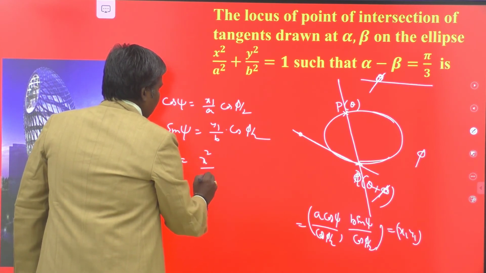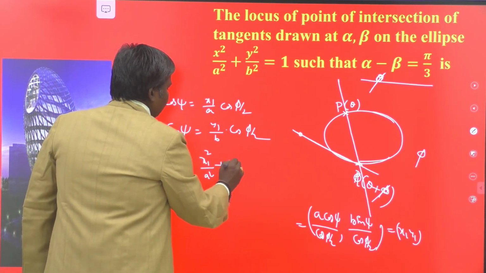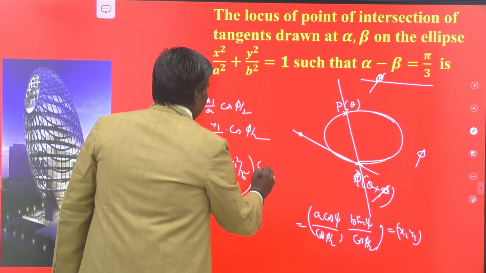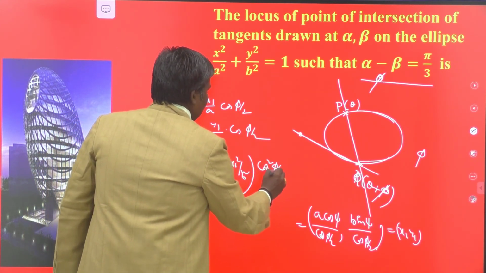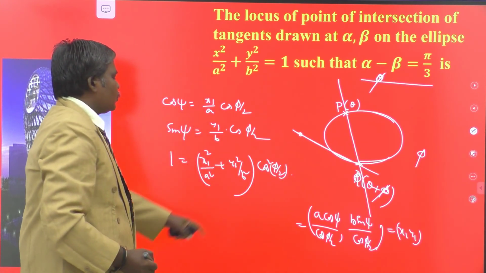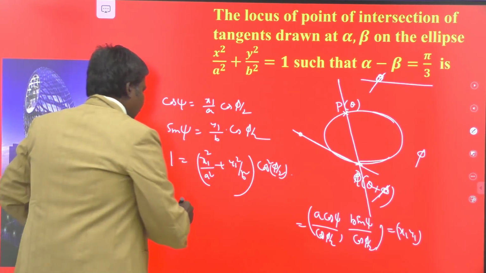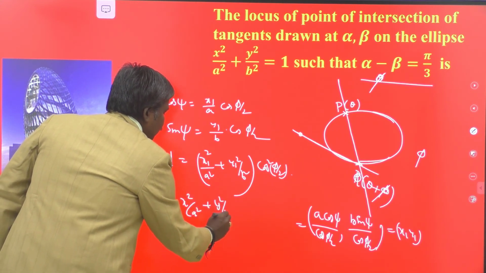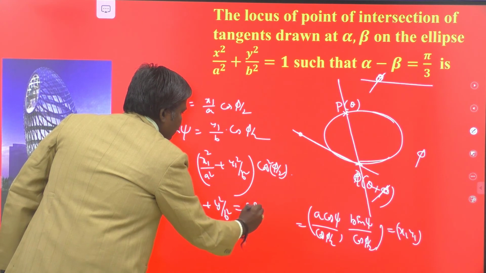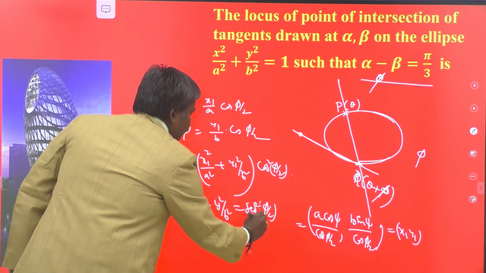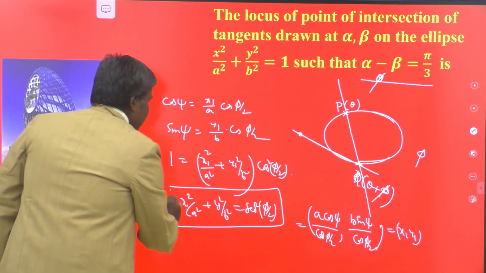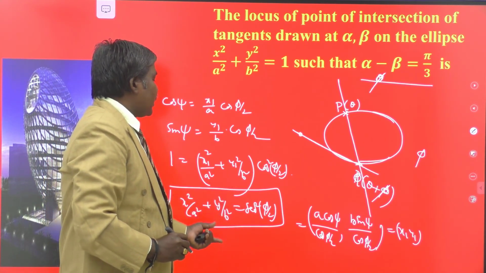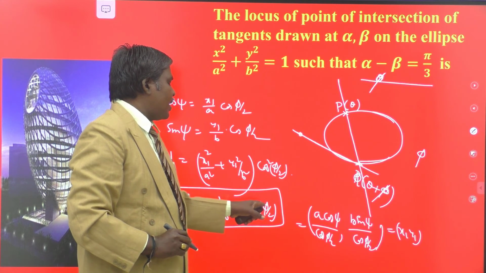We have x1 square by a square plus y1 square by b square times cos square phi by 2. Take this cos square to the right side. We have the locus x square by a square plus y square by b square equals secant square phi by 2. This is the locus of the point of intersection of tangents whose eccentric angles differ by phi.